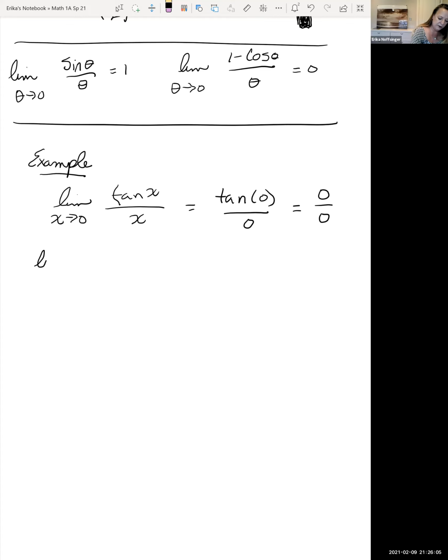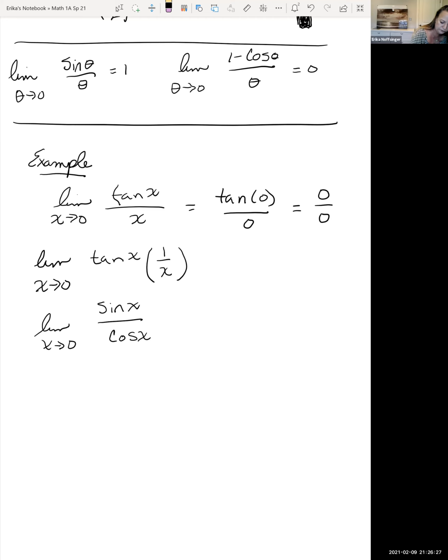Let's try rewriting tangent in terms of sine and cosine. We can rewrite this as tangent of x times 1 over x, which is sine of x over cosine of x, times 1 over x.